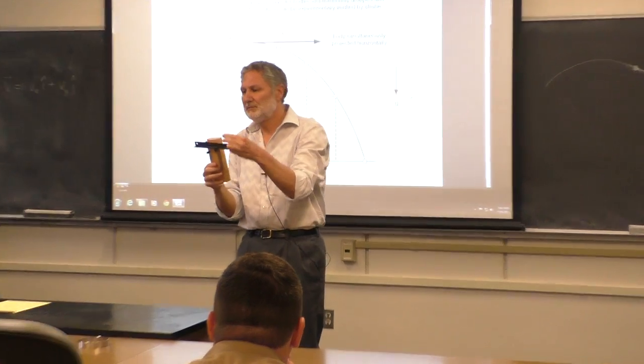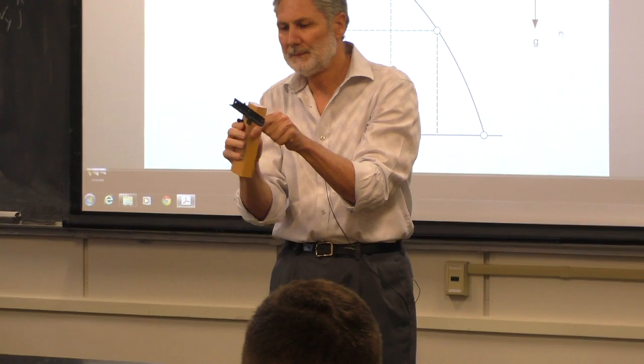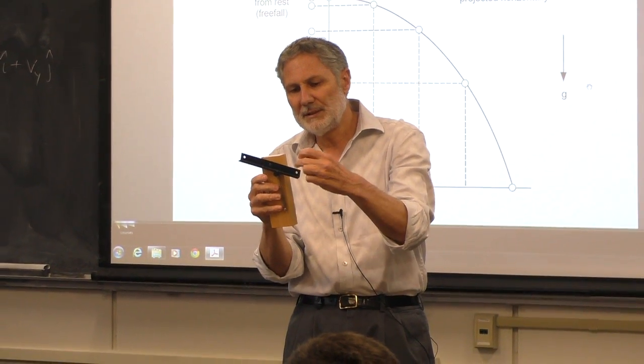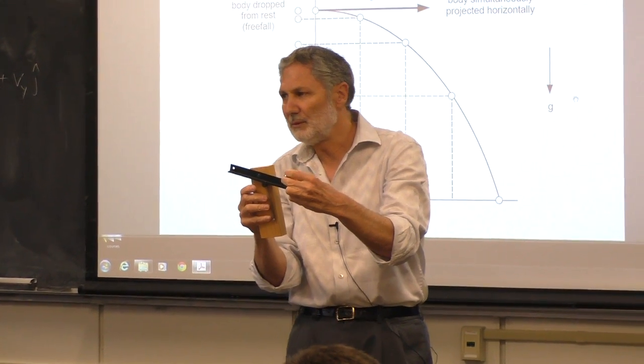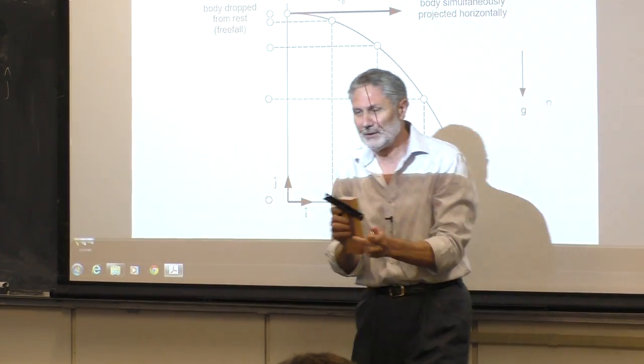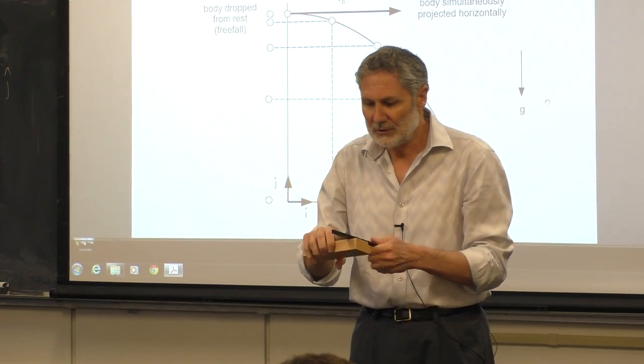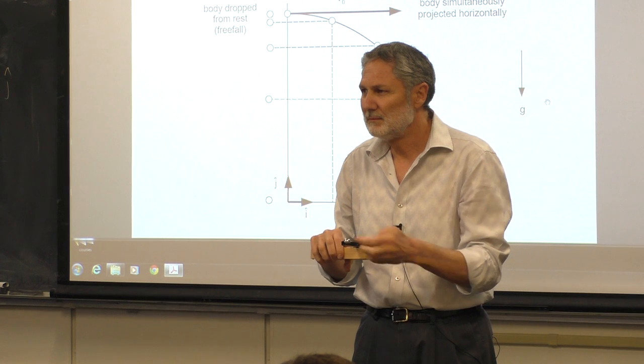So imagine these balls are here, right? And you're looking down this way, okay? I go like this. This thing abruptly falls out from underneath one. What's this one going to do? It's going to fall. What's the other one going to do? It gets projected horizontally, if I hold it horizontally. So they both should strike the table at the same time.